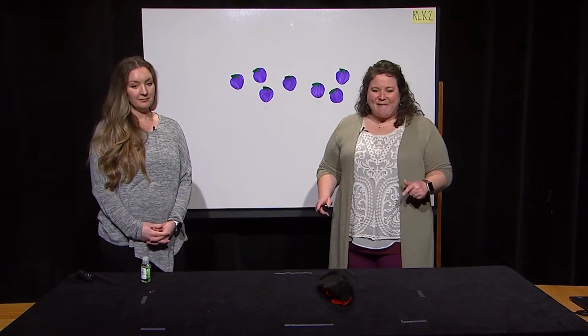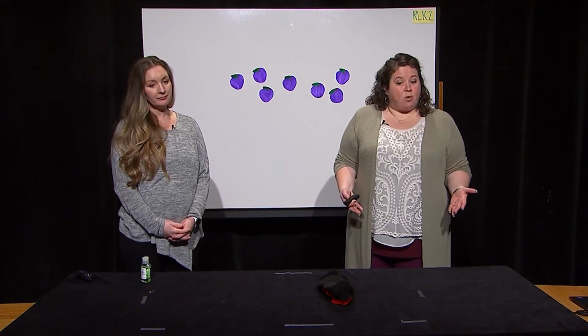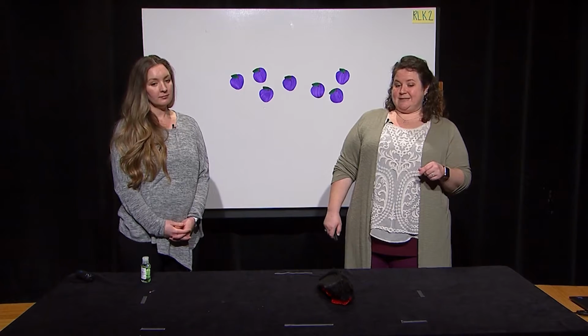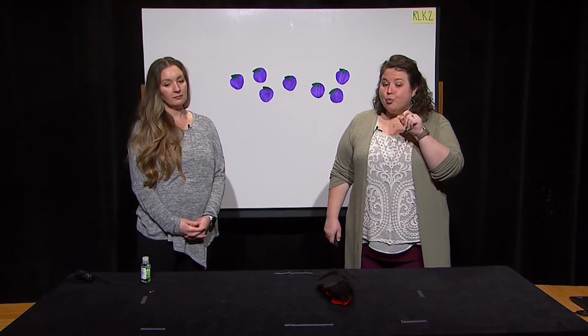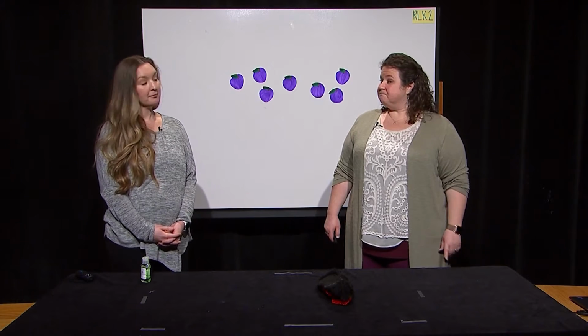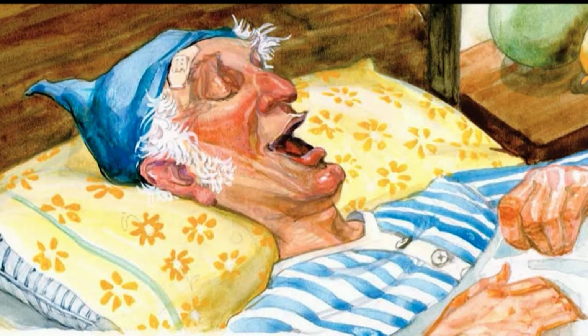Oh, wow. Since we know what sequencing means, that it means putting things in order, I'm positive our friends at home can do this with us. So, scholars, are you ready to help sequence the events to this nursery rhyme? Fantastic!